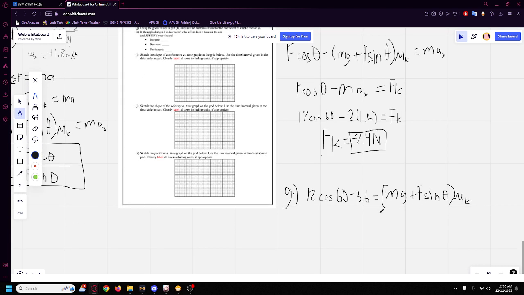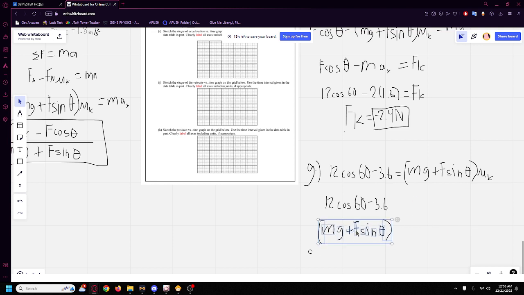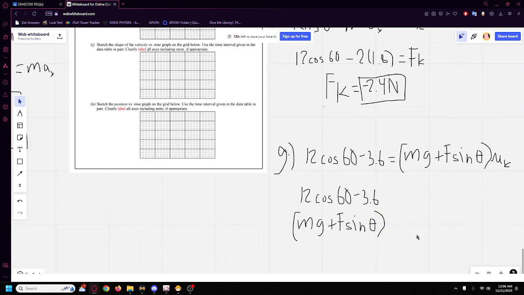We divide by mg plus F sine theta. Then we plug them in.